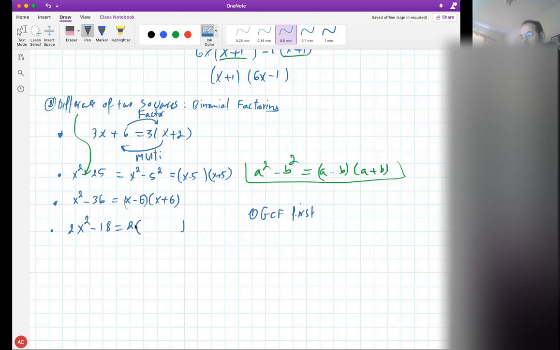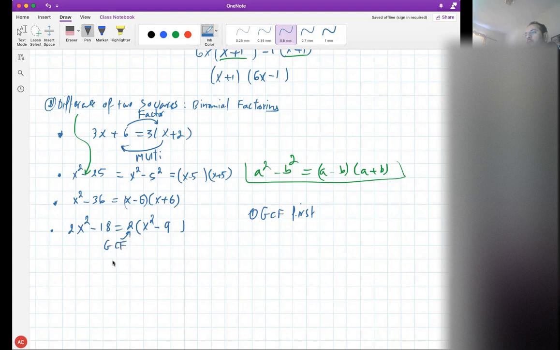What's inside the parentheses now? x to the power 2 minus 9. That's right. If we divide by 2, you get x to the second. Minus, also divide by 2, you get 9. So now we just use the GCF, okay?